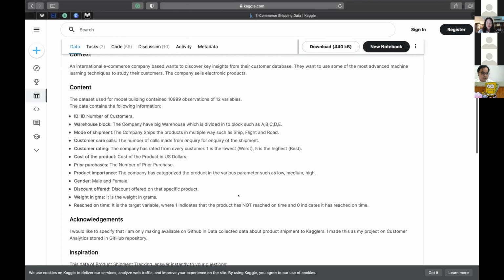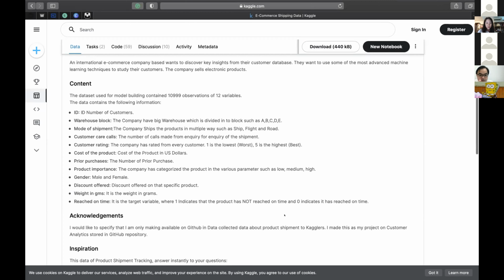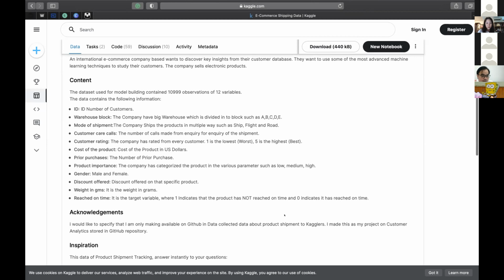Okay, so in this case, I think there's no intended target per se because they just want general insight, right? So don't restrict yourself to just supervised learning. It's not obvious from here that their primary objective is to predict reach on time or weight in grams. They might be interested in how different data groups behave.